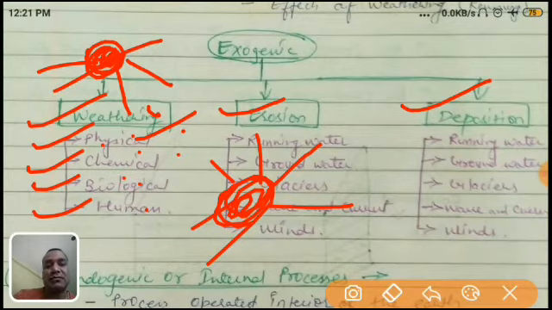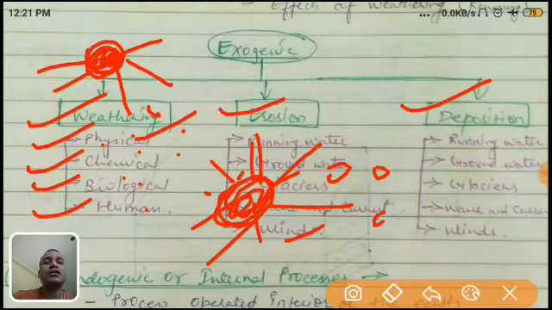In the daytime it expands and at night it contracts. Due to repetition of this process, it creates cracks in the rock, and finally, after some period of time, it breaks down into small pieces or particles. This is called physical weathering.